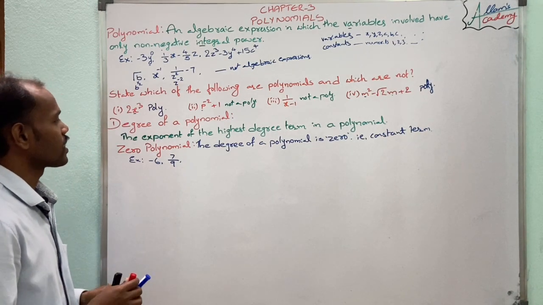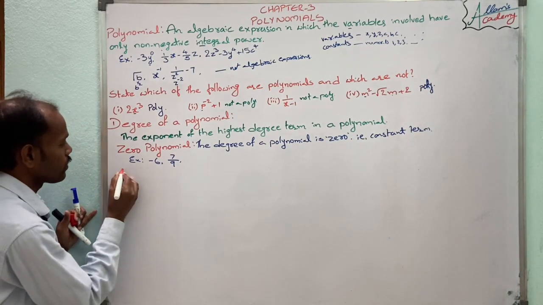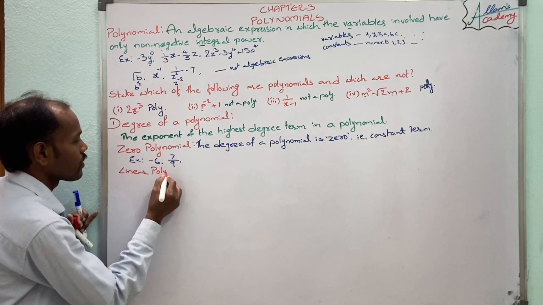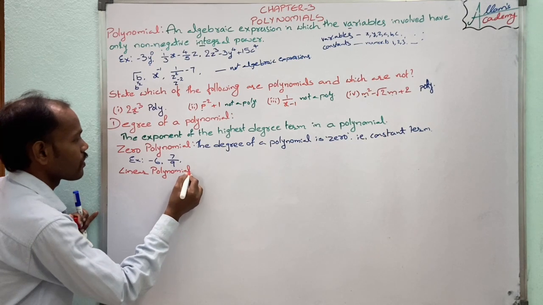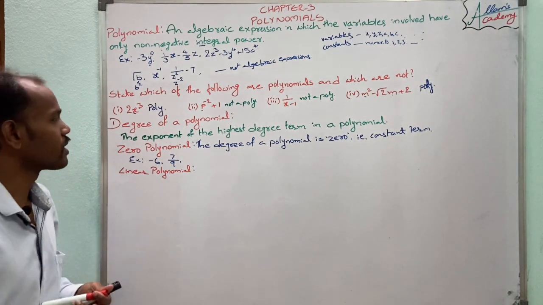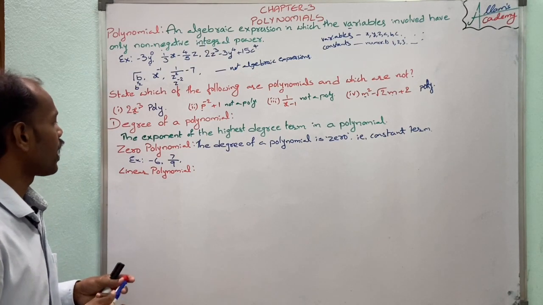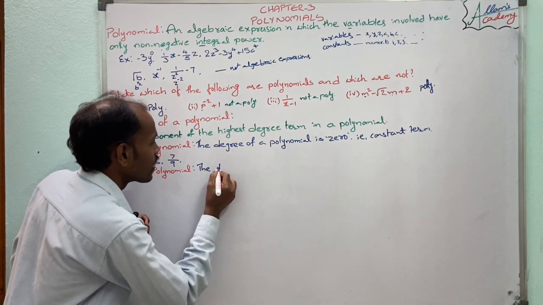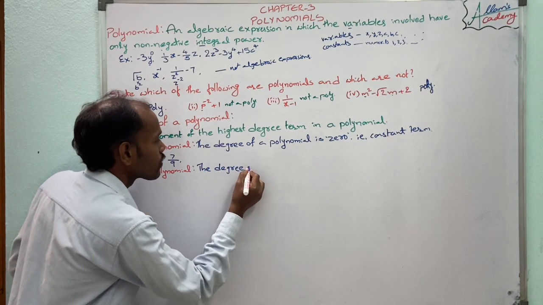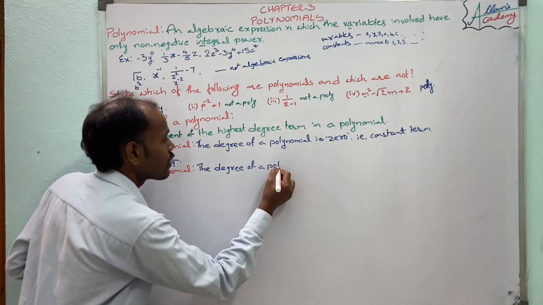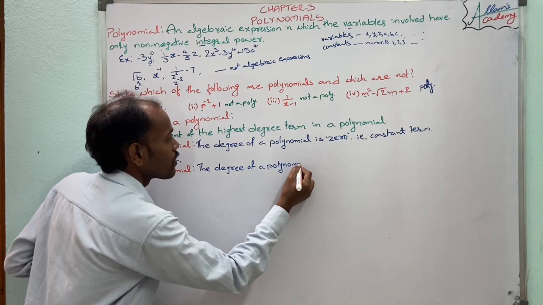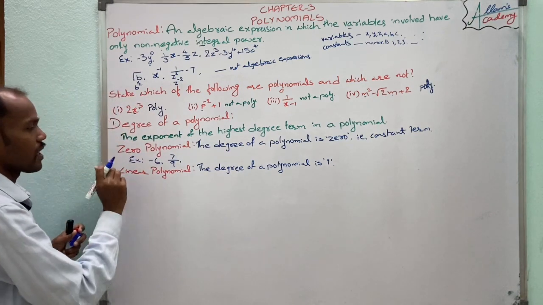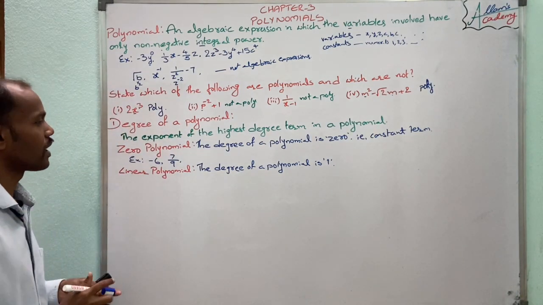Okay, now we see linear polynomial. Linear polynomial means the degree of the polynomial is 1. Linear means 1. So if the degree of a polynomial is 1, then it is called a linear polynomial.